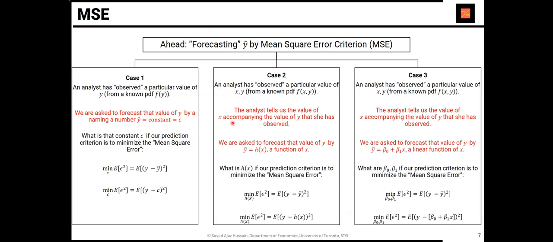She sends you a WhatsApp message: what's up, here is the value of x. Given that value of x, your job is to forecast the value of y. And you're asked to do so by using some function of x, because you know that y and x are jointly distributed. She has given you an x, so why not construct some function of x, which you don't know yet right now, to forecast the value of y.